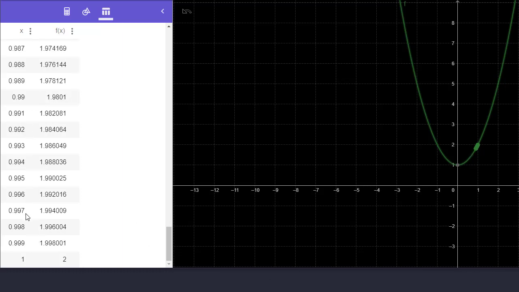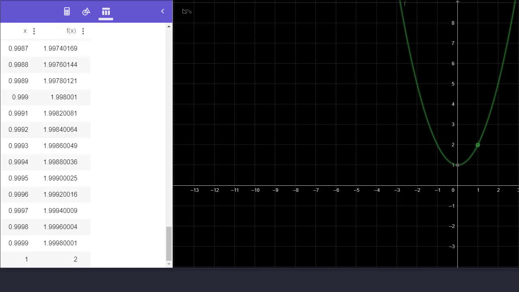I can change the number of significant digits I'm looking at and start stepping up by 0.001. And as you can see, as we get closer and closer to this 1, our y values get closer and closer to the 2.